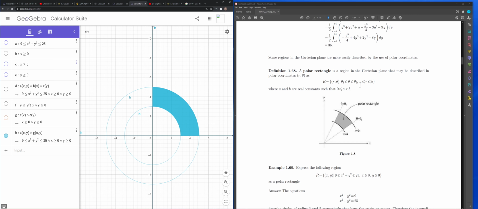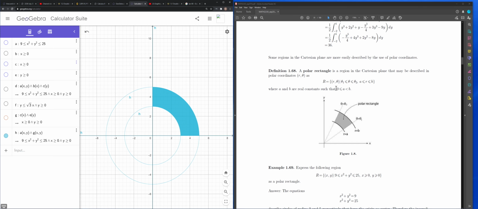One more time, for your annulus, this is the inside circle and this is the outside circle. Your inside circle is of radius 3 and your outside circle is of radius 5, so you're going to get a 3 and a 5 here. These angles, theta 1 and theta 2, come from these lines and the angle that these lines make with the x-axis. This line is on the x-axis, so it makes 0 angle with the x-axis.